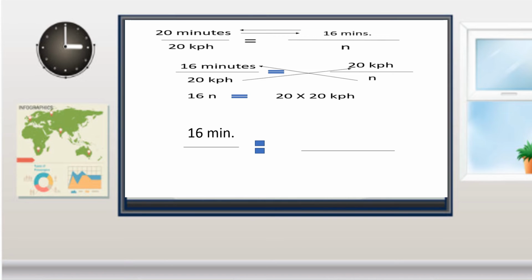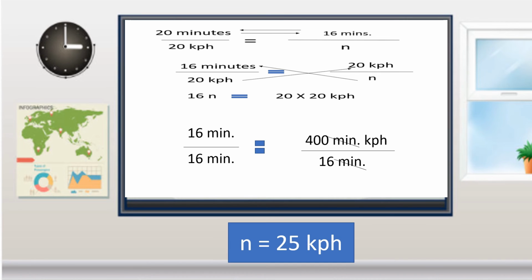So we divide by 16 to cancel it, and 20 times 20 is 400 kilometer per hour over 16. So we just simply cancel the minutes. So 400 divided by 16 is equal to 25 kilometer per hour. Okay?